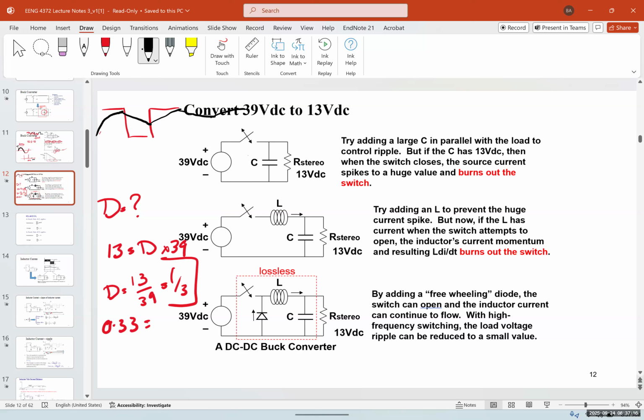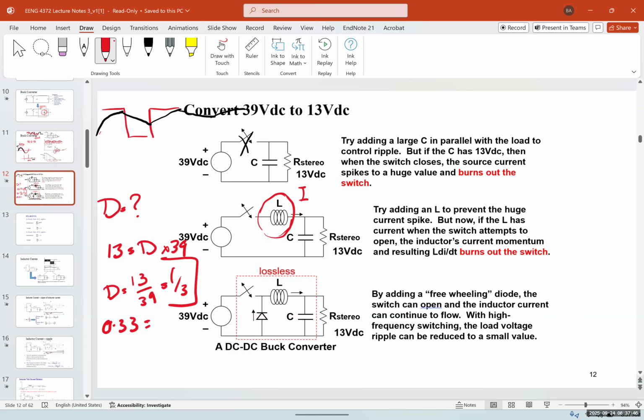But when we have this, the capacitor is going to create a huge spike in the current and it's going to burn the switch or the transistor. To mitigate that, we add an inductor, and this inductor acts like a current storage system.